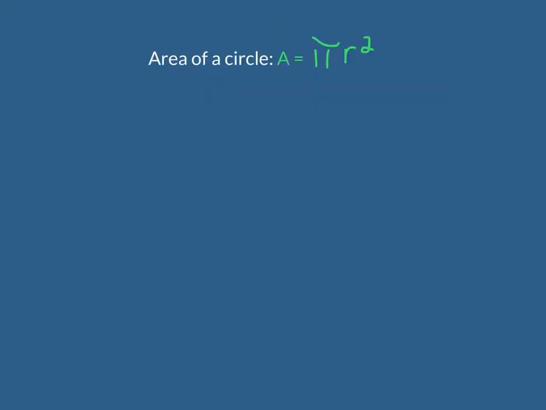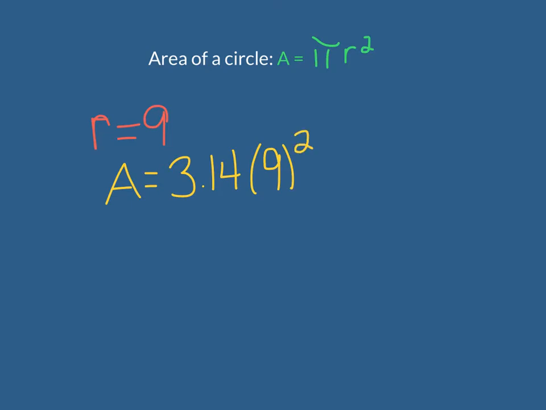So here's the formula in order to find the area of a circle. A equals pi times r squared, or pi times the radius squared. So in this example, if we're given that the radius equals 9, we would just plug that into our formula. So we have the area equals pi, which is 3.14, times the radius squared.